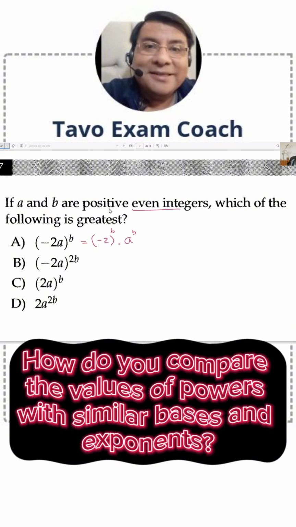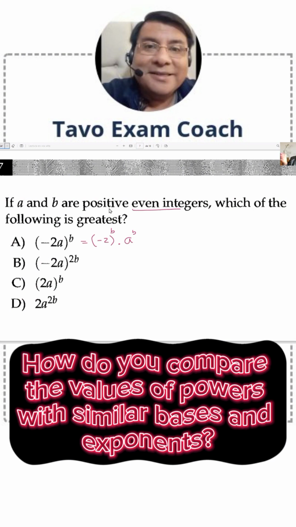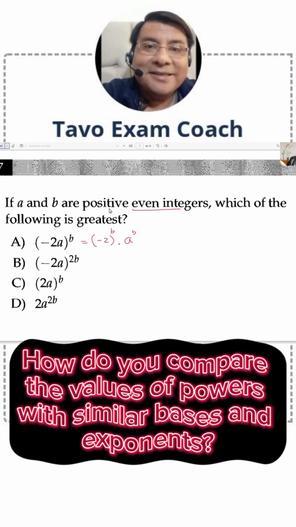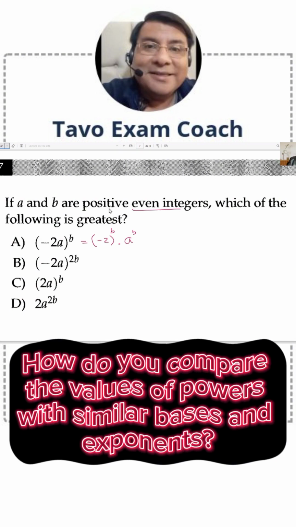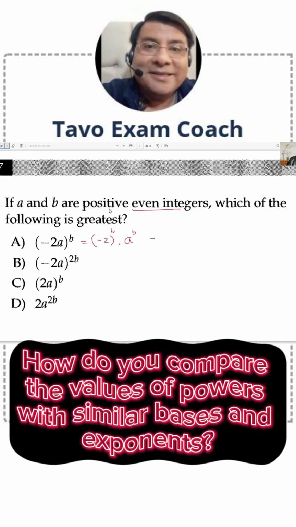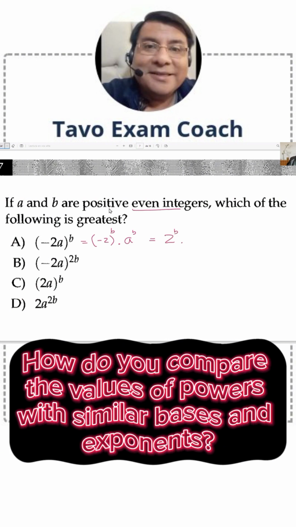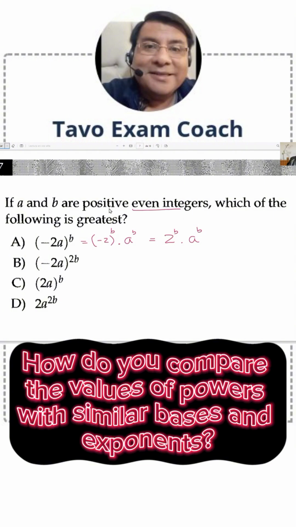For example, (-2) up to 4 will always be +16, and so on. So, this is exactly the same as having 2 up to b times a up to b.